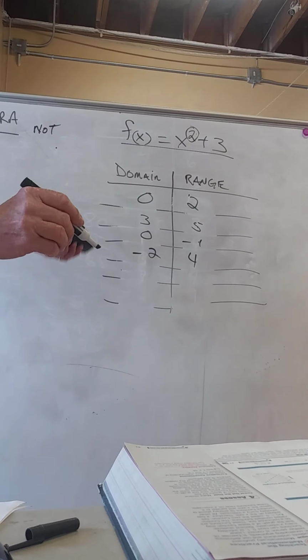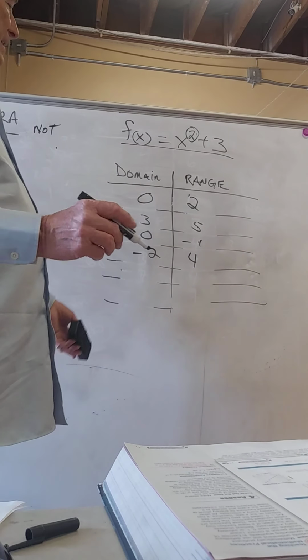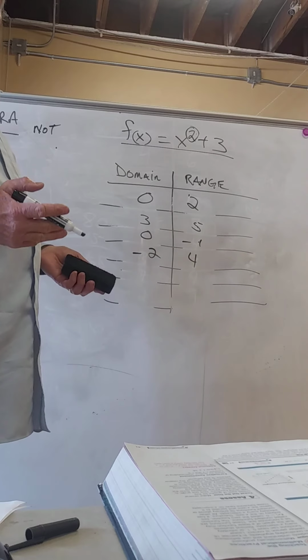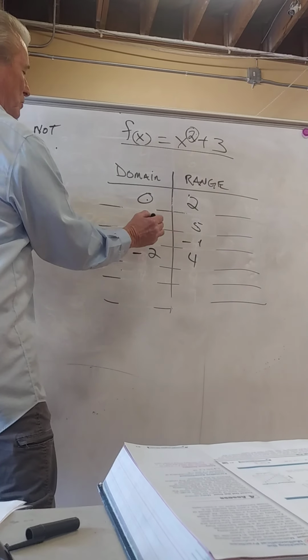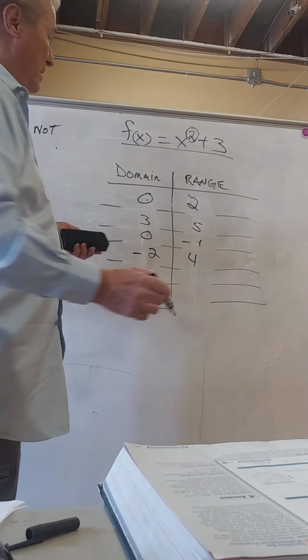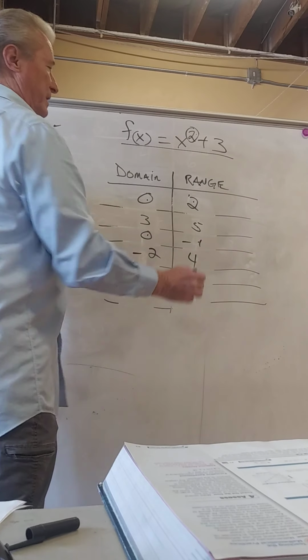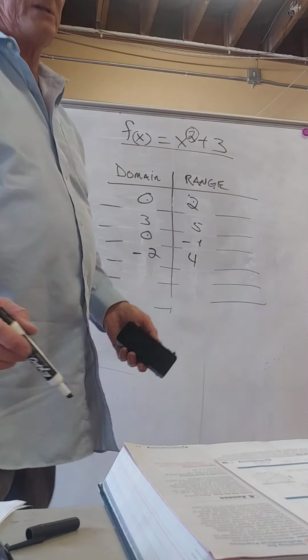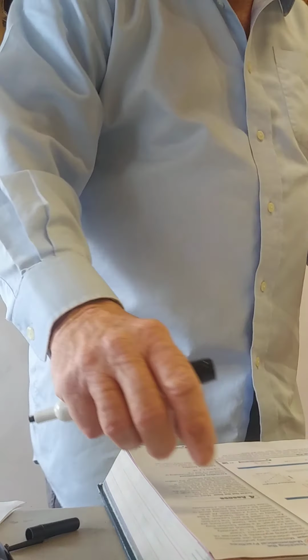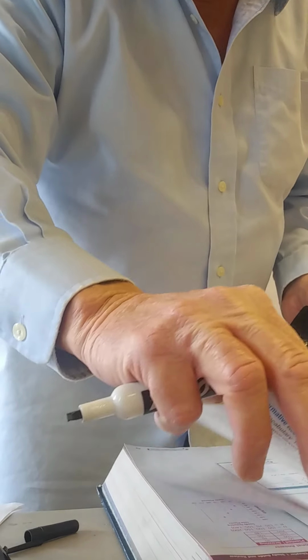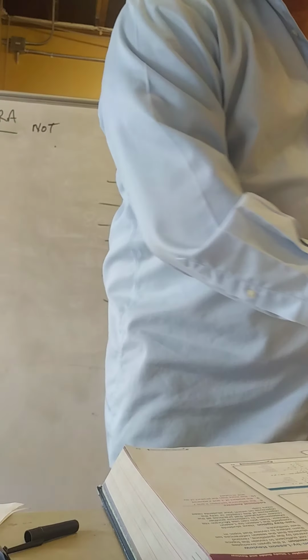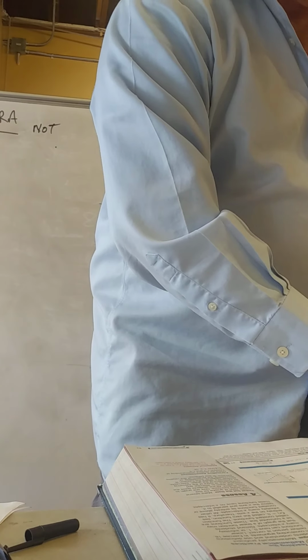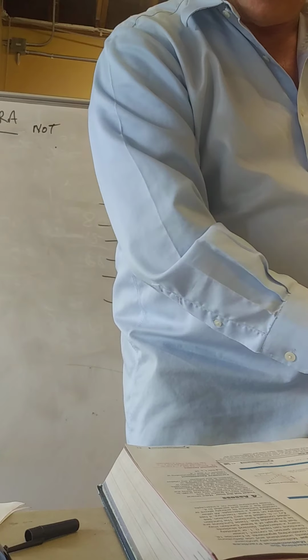Okay? So looking at it right here, we can tell it can't be a function. We have duplicate x's, but not duplicate y's. Two x's that are the same with different y's. Hence, it's not a function. All right? See how easy that is? They spend pages and pages trying to explain that.